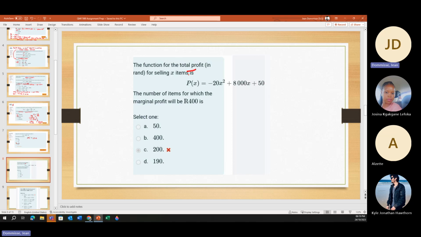Okay, so total profit, marginal profit will be minus 40x plus 8,000. That marginal profit will be 400. 40x will be equal to minus 7,600.